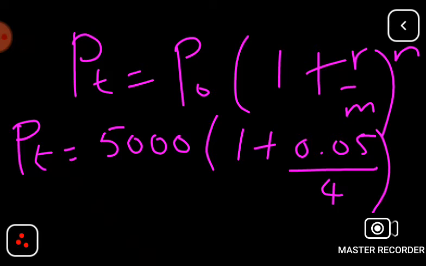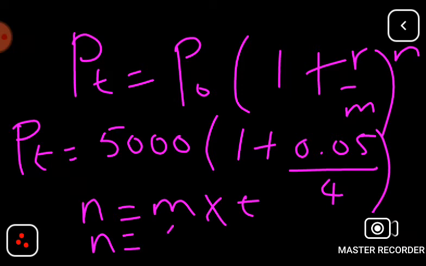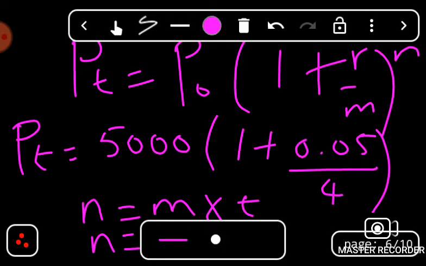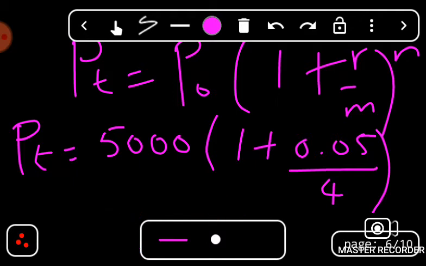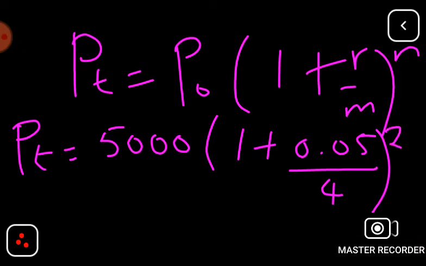Now we can say, because N is equal to M times T, N is equal to 4 times number of years, 5. So now it's 20. So our N is now 20. So PT is 5,000.